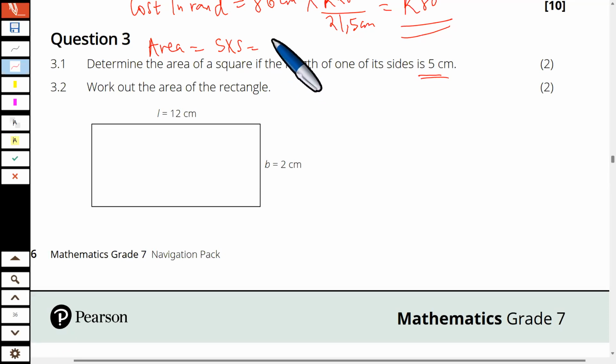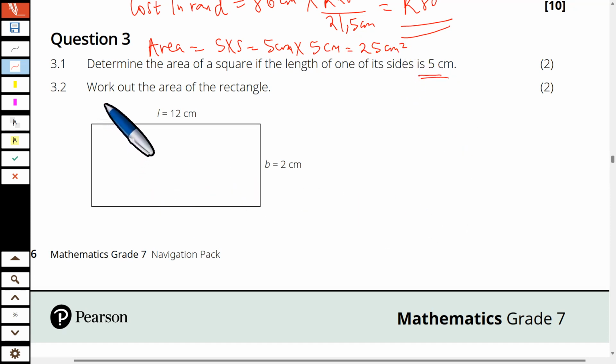So you have 5 centimeters. You multiply by 5 centimeters. 5 by 5 is what? 25. It's exactly 25. So you have 25 square meters.